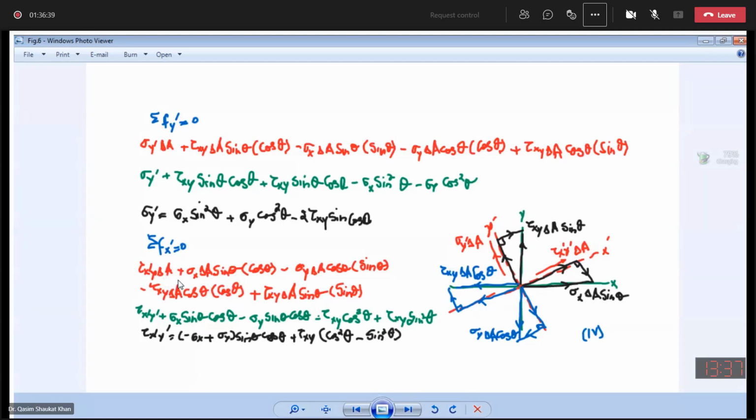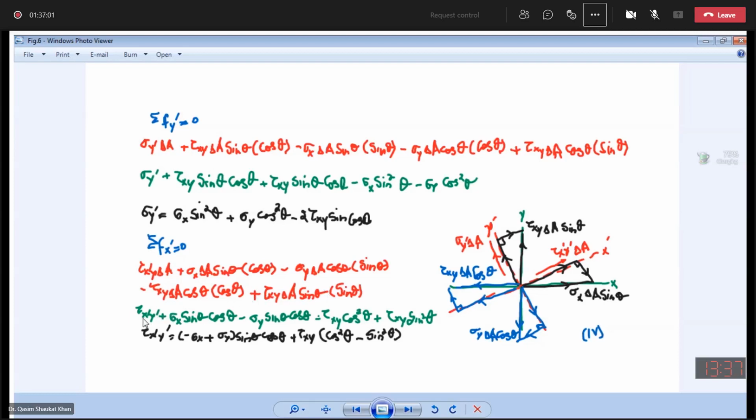Our equation will become tau x dash y dash plus sigma x sine theta cos theta minus sigma y cos theta sine theta minus tau xy cos square theta plus tau xy sine square theta.